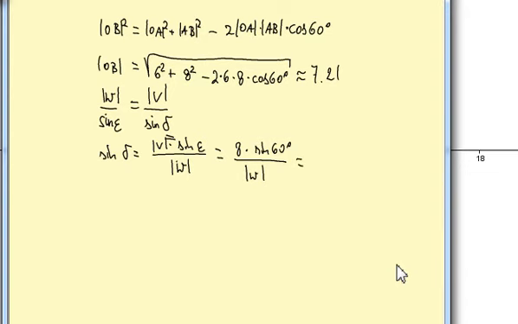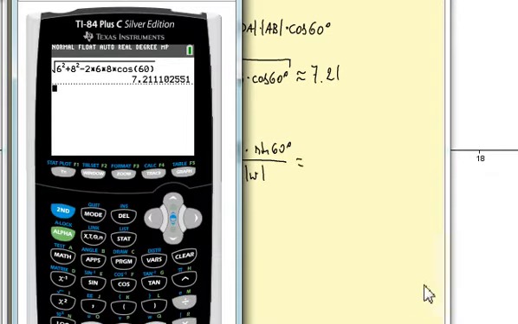So this equals to, I'll use the calculator to find it out.